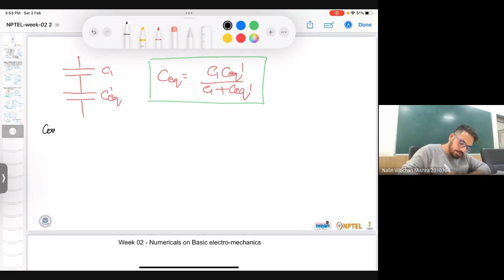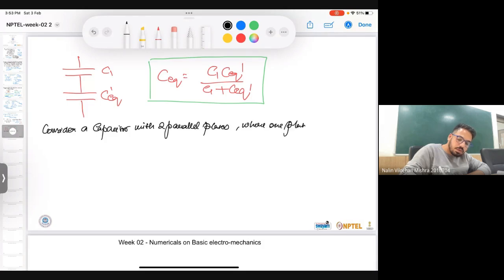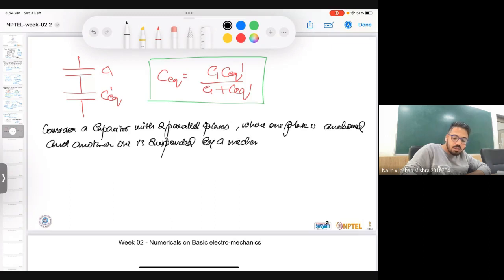So consider a capacitor with two parallel plates where one plate is anchored and another one is suspended by a mechanical spring, like this.